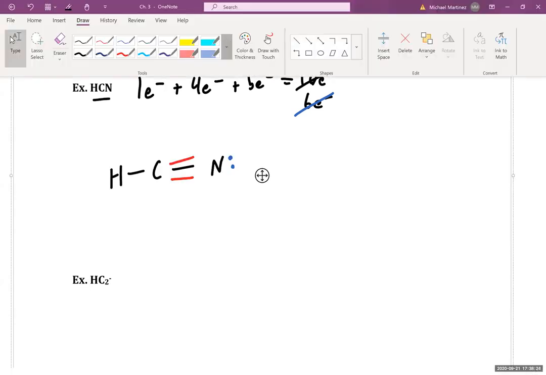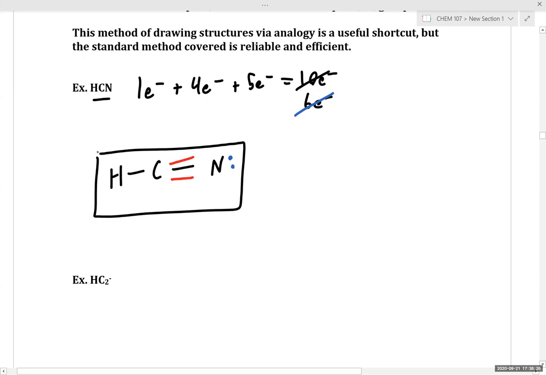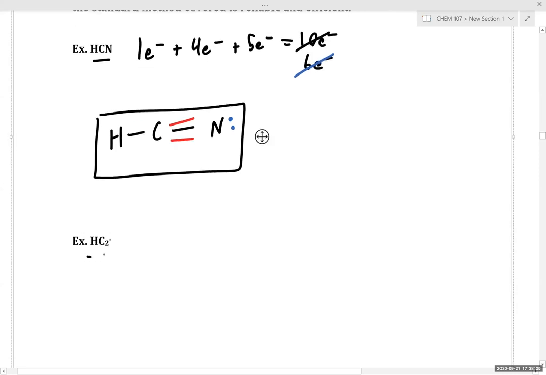What I'd like you now to do is to try to draw the Lewis structure for acetylide, which is HC2-. Now you may think, isn't that a completely unrelated structure? Well, if you count your valence electrons and you think very carefully about isoelectronic atoms, you may notice a similarity between the acetylide anion and hydrogen cyanide.